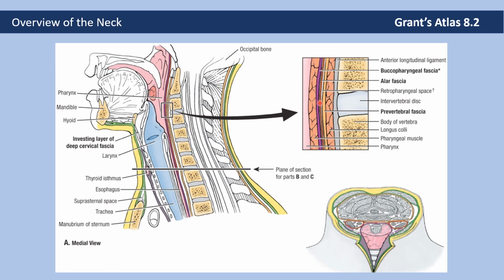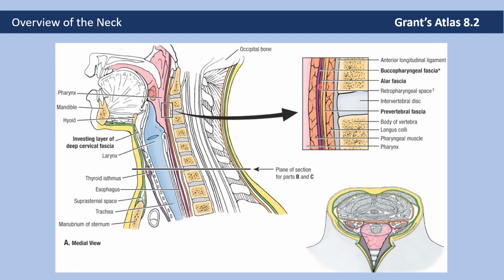It's subdivided by a fascia layer called the alar fascia, and there is some controversy, or at least inconsistency, as to what is considered this retropharyngeal space, this clinically important space.